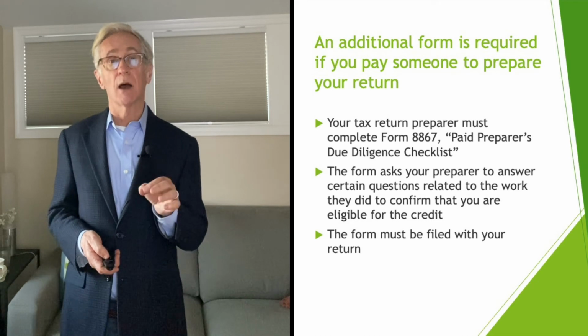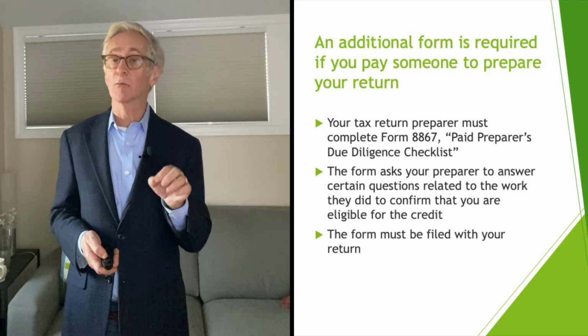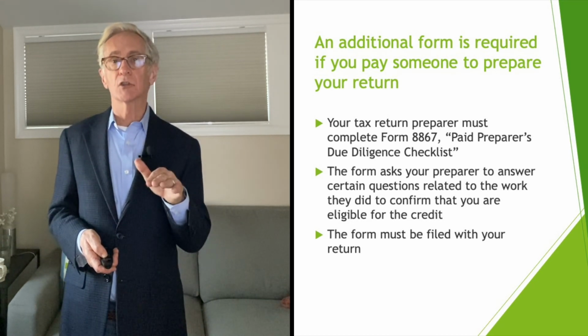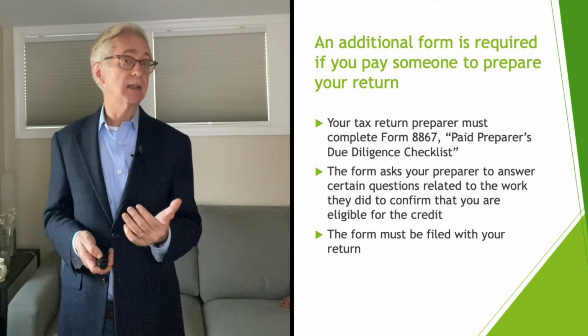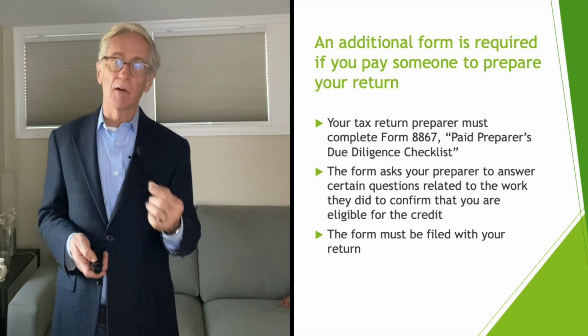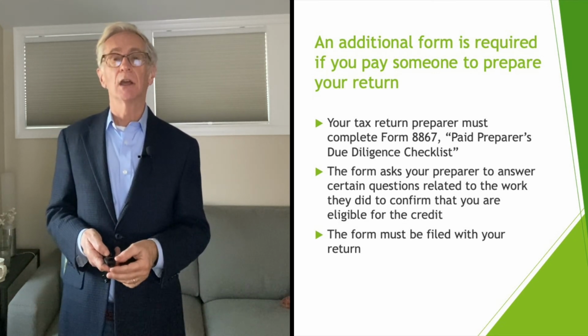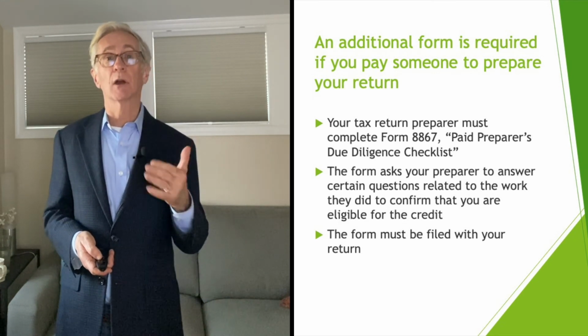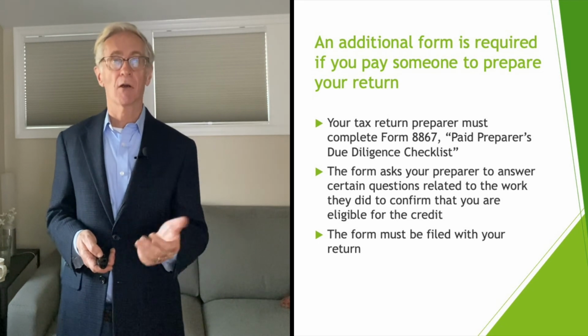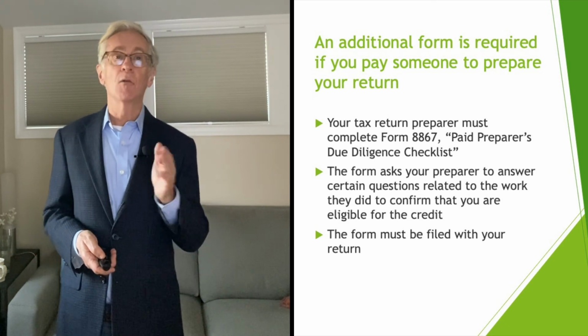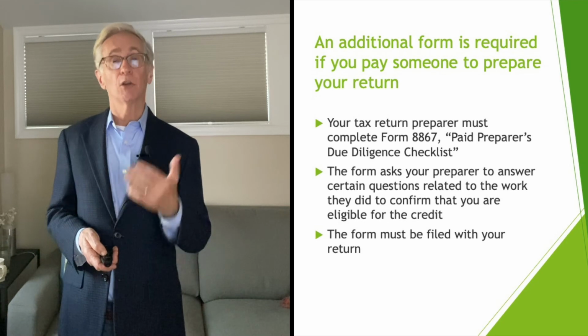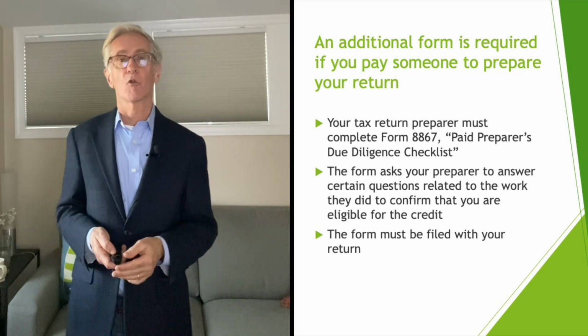What that form does is ask the person you pay to prepare your return certain questions related to the work they did to confirm that you're eligible for the Earned Income Credit. And again, that form does have to be filed with your return, but it's really the responsibility of your paid preparer to do that. It's only if you paid someone to do your return that this particular form is required.